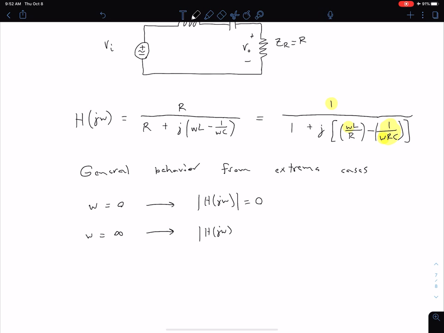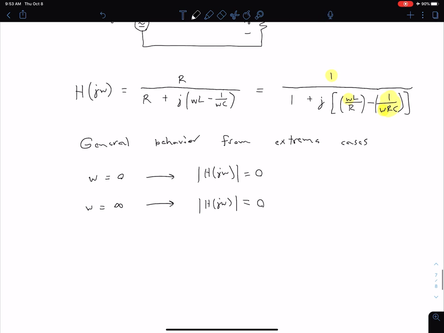So H of j omega equals 0. This shouldn't necessarily be surprising to us because we know from the general behavior of the bandpass filter, really low and really high frequencies should be blocked. So it doesn't necessarily confirm that we have a bandpass filter, but it's agreeing with the assumption.